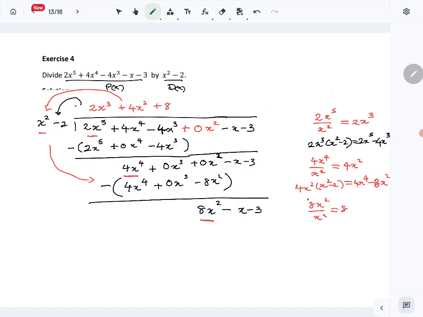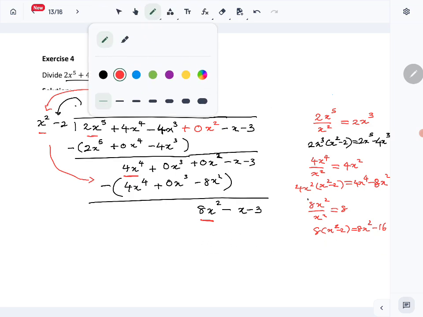So put it here and do the same thing we have been doing. 8 times divisor is what? 8 times x squared minus 2, so 8x squared minus 16, right? So then put that under here, 8x squared minus 16.